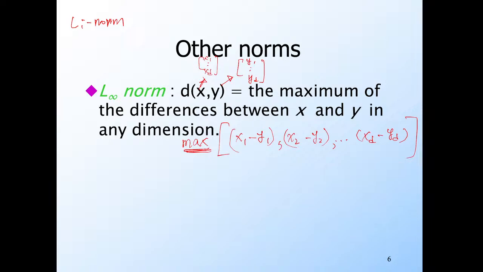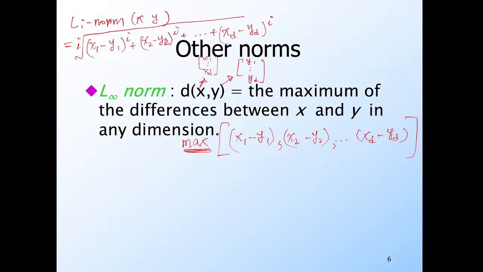The Li norm between x and y is the absolute value of x1 minus y1 to the power of i, plus the absolute value of x2 minus y2 to the power of i, plus dot dot dot, up to the absolute value of xd subtract yd to the power of i, and then take the ith root. This is the definition of the Li norm.